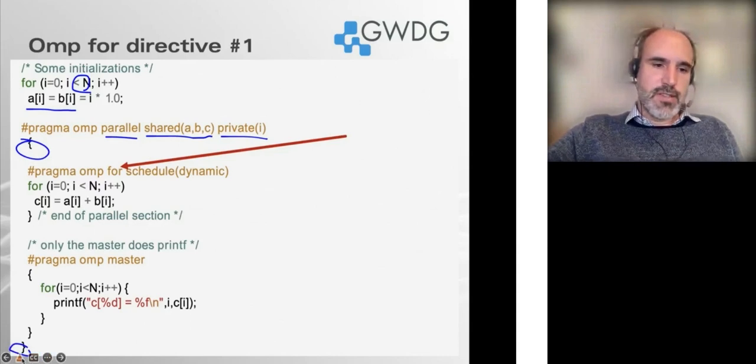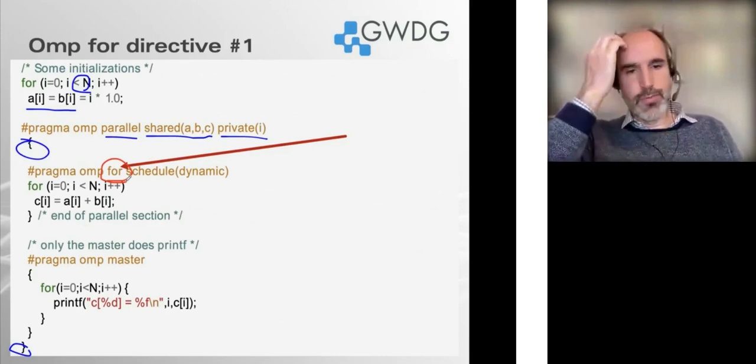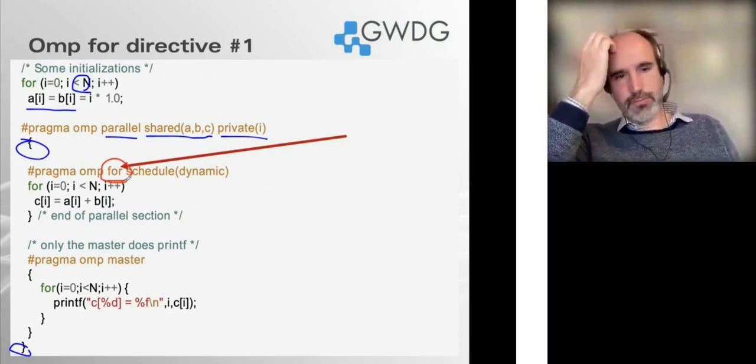But what we do is, let me change the pen color. We use a new directive for OpenMP to say we would like to do a for loop in parallel.